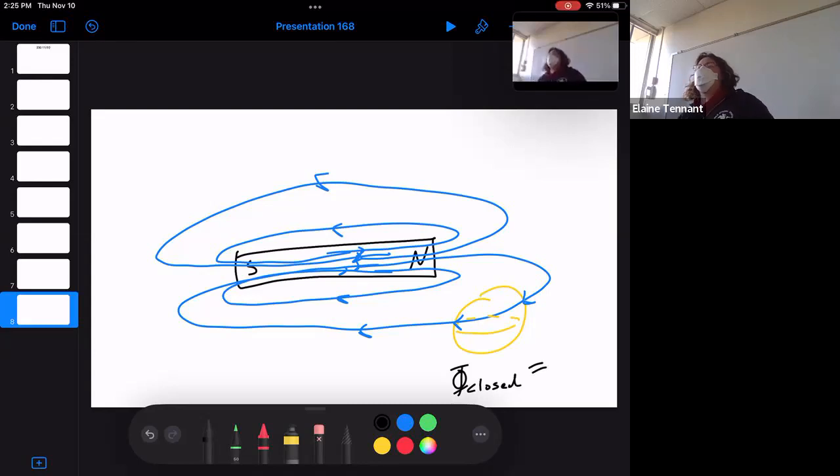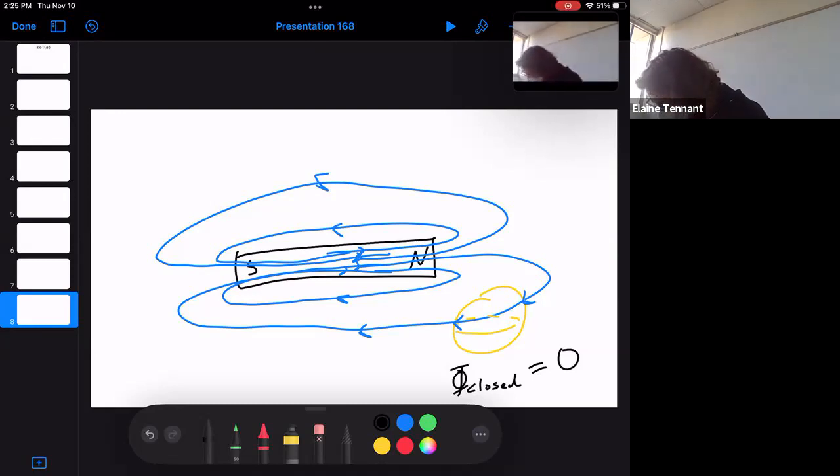Or just tell it to me in terms of how many lines going in versus how many lines going out. Yeah, so if I have one line coming in and one line going out, that means my total flux is 0, because for every bit of field that comes into the surface, that has to leave.